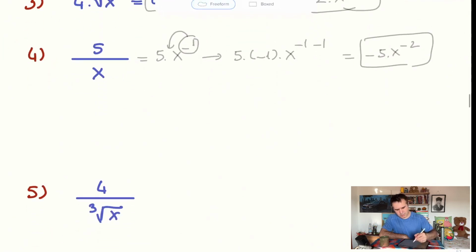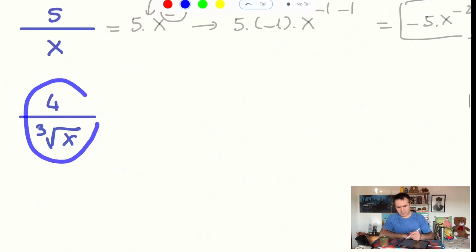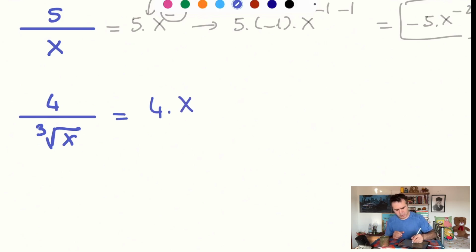And the last one, we will first rewrite this function again as a power function, and this function will be equal to 4 times x to the power of minus 1 over 3.